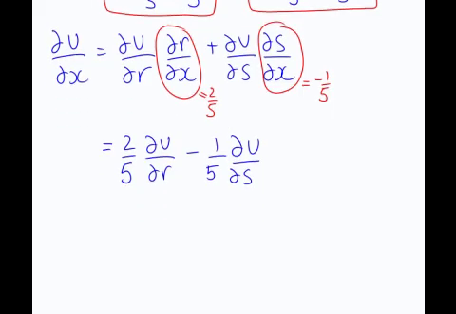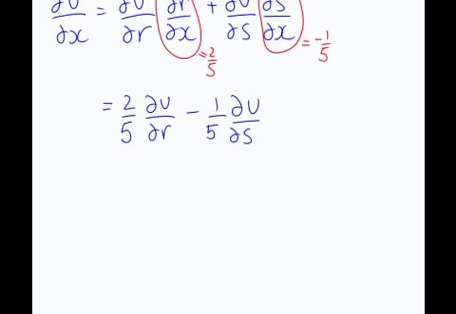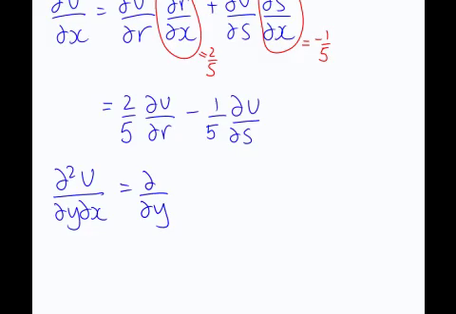And now what I have to do is look at the second derivative, and I was asked for partial d2u by dy dx. What that means, of course, is differentiate the first derivative with respect to x with respect to y.